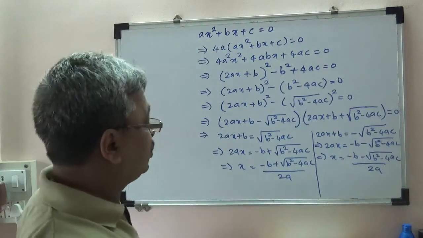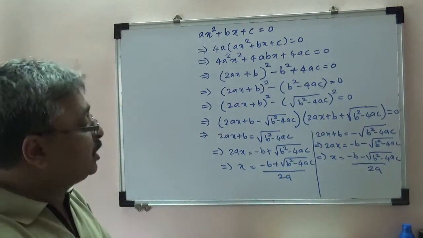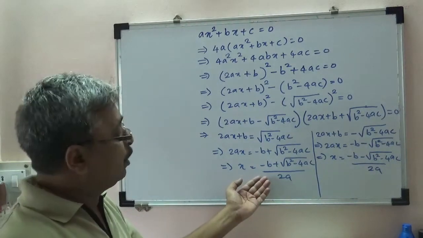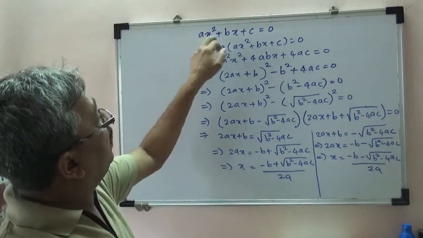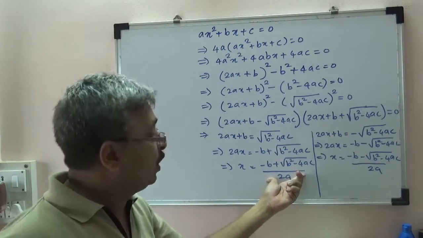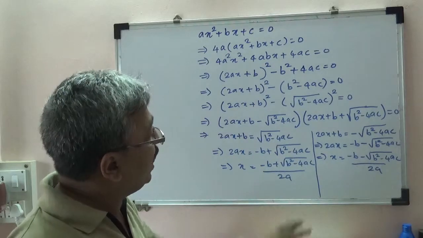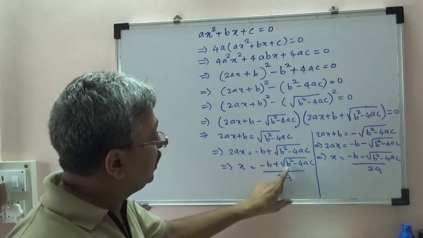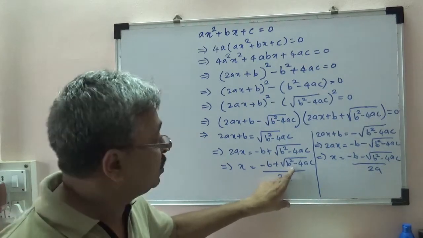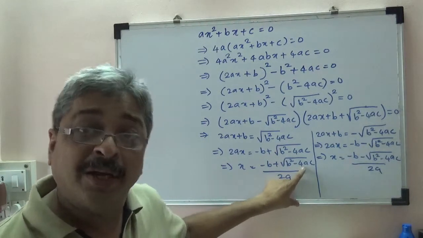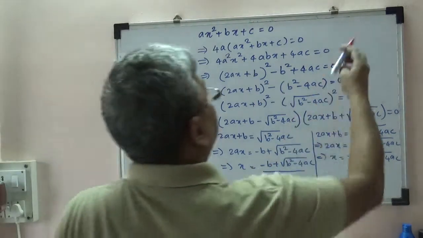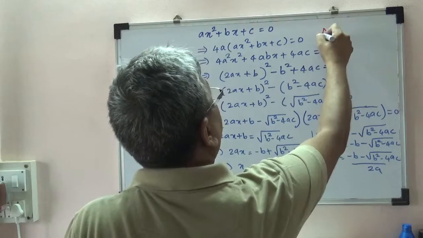So we have factorized. Now the only question is, will this always be a real number? For different values of a, b and c, this quantity is going to be different every time. The only trouble that we have in the final expression is that there is something inside the radical sign, which is b square minus 4ac, and therefore this b square minus 4ac is called the discriminant, normally denoted by delta.